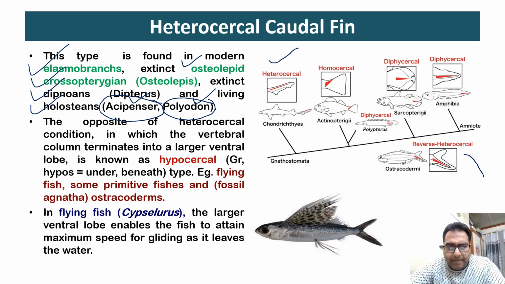The vertebral column terminates into the larger ventral lobe known as the hypocercal, and the smaller apicaudal lobe. And this is seen in the case of the flying fishes, that is, we call them the Exocoetus flying fishes.